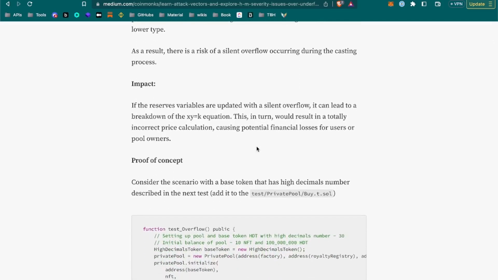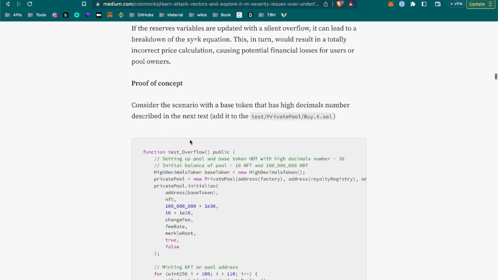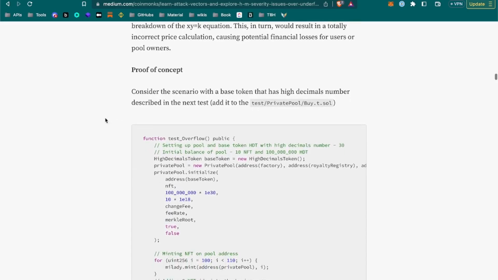In this specific project, the impact is that if the reserve variables are updated with this operation, with the silent overflow, it can break the x*y=k equation. Basically, I would expect something that is meant to be constant in this equation, but it will not hold. So, what's the proof of concept of this vulnerability, of this issue?